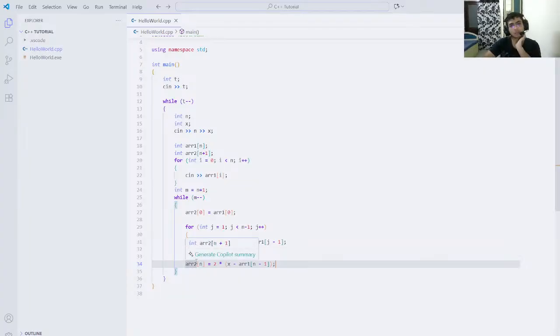Or maybe am I? Since I've already done this for every test case, we are talking about one test case. And my one test case does not need to run it again and again. Now I need to sort this array, ARR2.